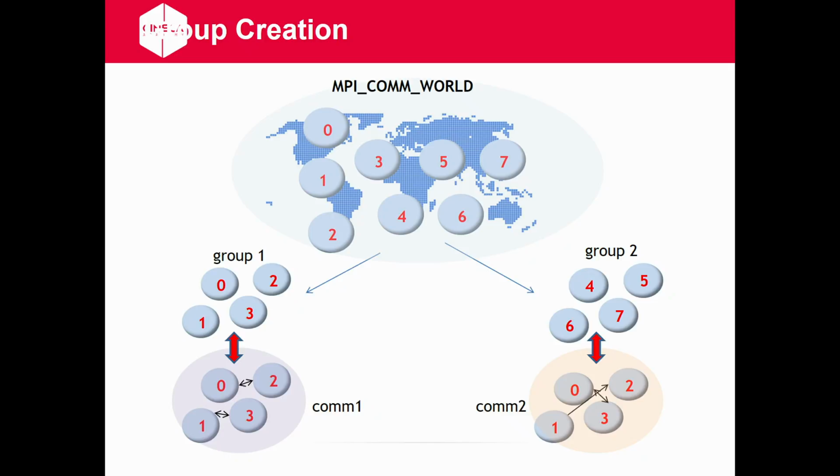The difference between the two is a new group that contains 0, 1, 2, and 3, ordered as I told you: 0, 1, 2, 3.